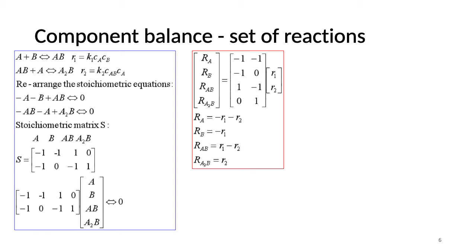Finally, I can write capital RA is equal to minus R1 minus R2, capital RB is equal to minus R1, capital RAB is equal to R1 minus R2, capital RA2B is equal to R2.